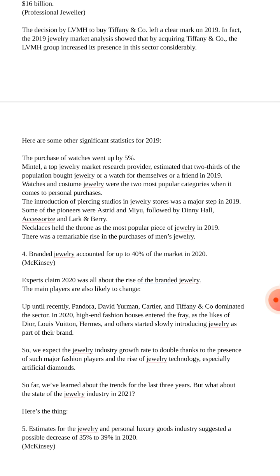The introduction of piercing studios in jewelry stores was a major step in 2019. Some of the pioneers were Astrid and Miyu, followed by Ginny Hall, Accessorize, and Larry and Berry. Necklaces held the throne as the most popular piece of jewelry in 2019.